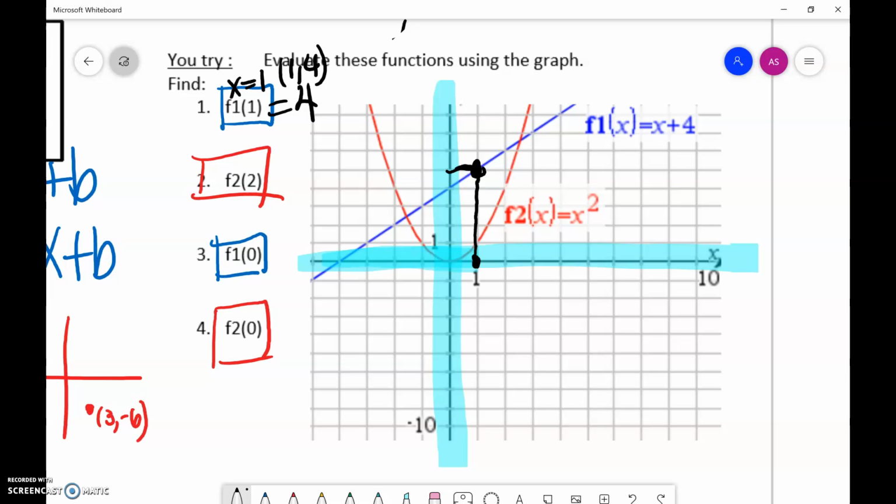Okay, the next one, and let's erase this. Okay, the next one, they want us to go to function 2 where x is 2. So x is 2 right here. I'm going to go up to the red one this time. Okay, and I'm going to go over.